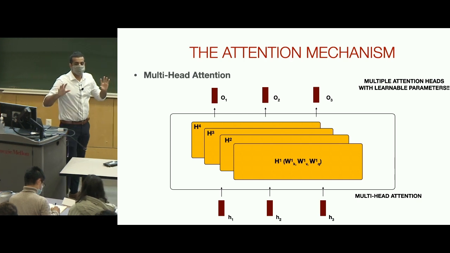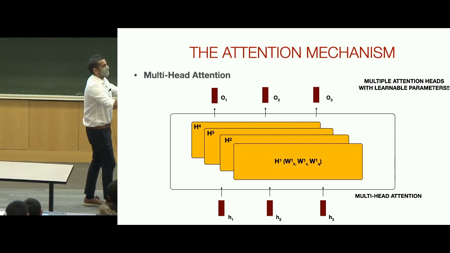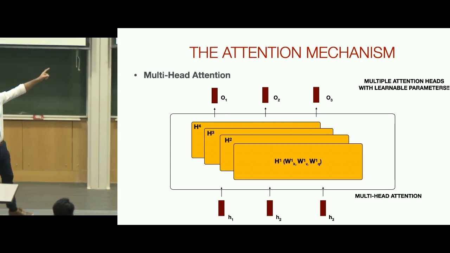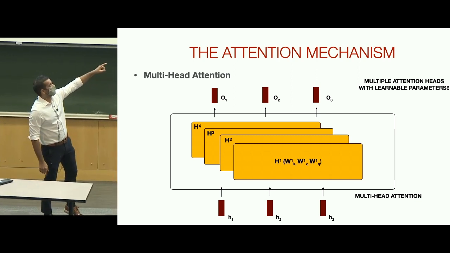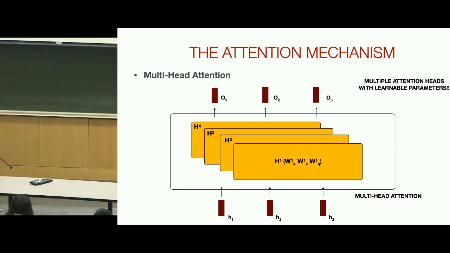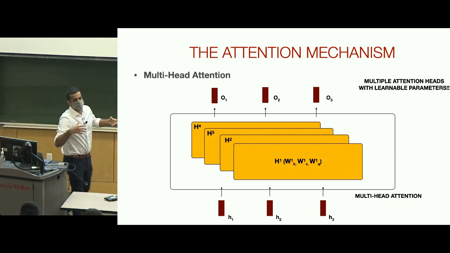Now, what the transformer uses is a multi-head attention mechanism, where it stacks a few of these attention heads in parallel. So H1 would have a different set of transformations than H2, and H3 would have a different set of transformations, and H4 would have a different set of transformations. So these attention heads are transforming the input in different ways and then combining them in different ways.